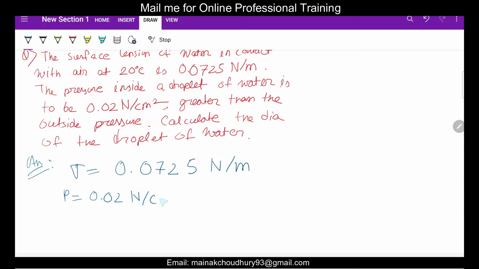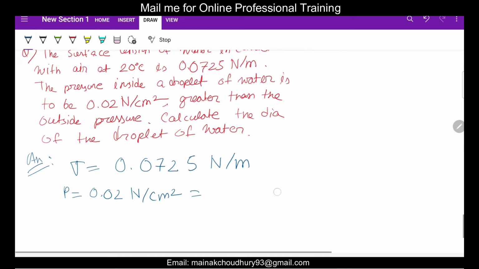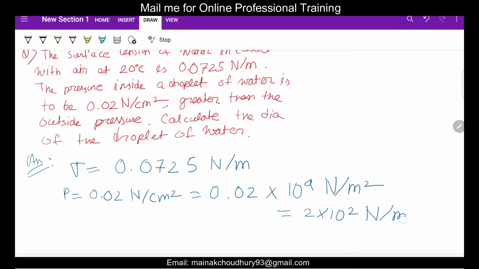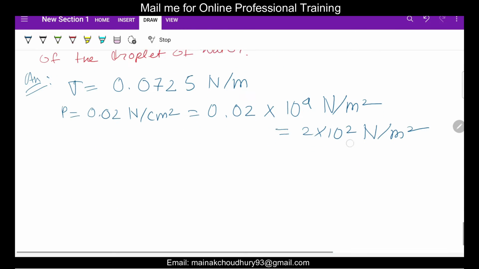Newton per centimeter square, centimeter to meter is 10 to the power 2 into 10 to the power minus 2, so 10 to the power minus 4 in the bottom, in the top it will be 10 to the power 4. So it will be 0.02 into 10 to the power 4 Newton per meter square, right? So you can also just write it for convenience, 2 into 10 to the power 2 Newton per meter square.